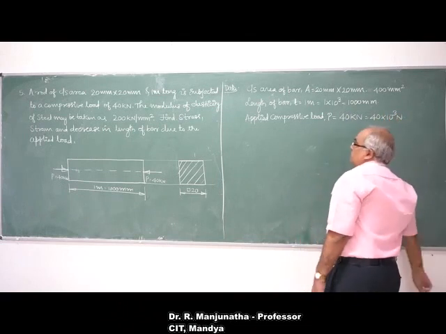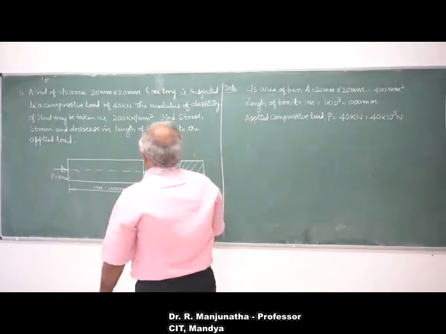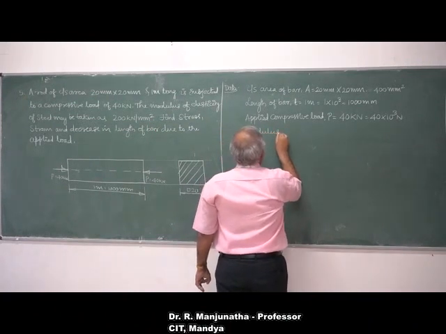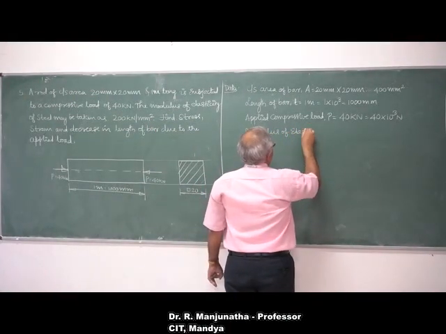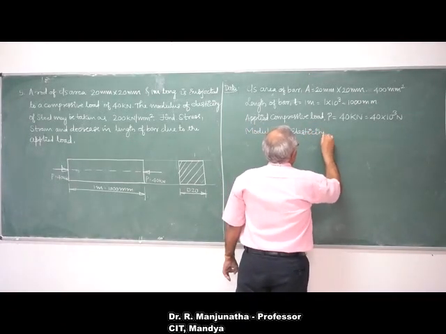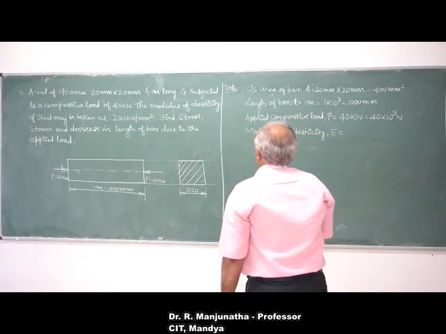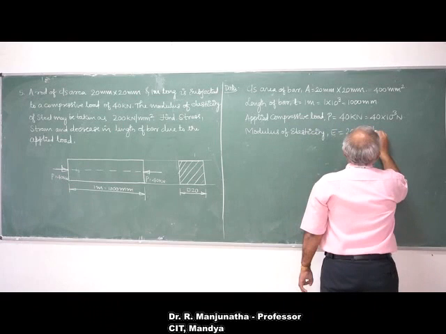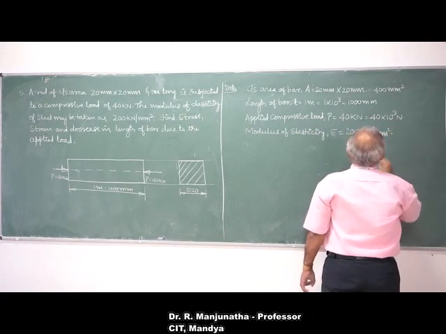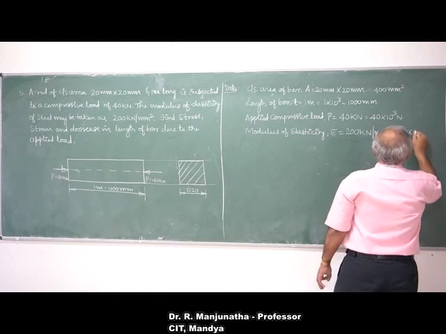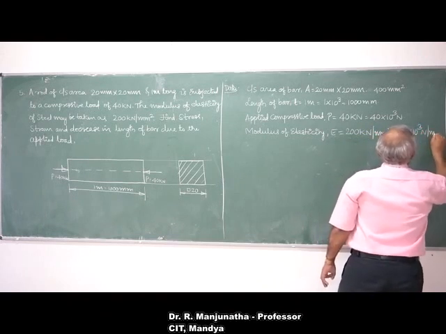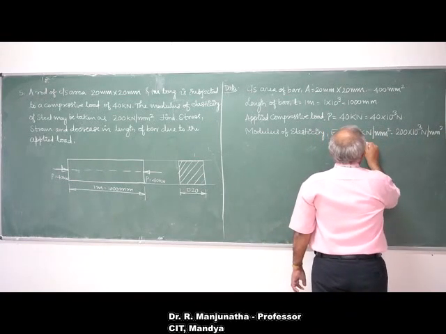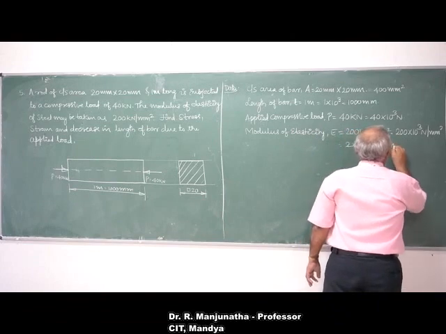Then the modulus of elasticity of steel, that is Young's modulus E, is given as 200 kilonewton per mm square. That will be equal to 200 into 10 to the power of 3 newton per mm square, which is 2 into 10 to the power of 5 newton per mm square.